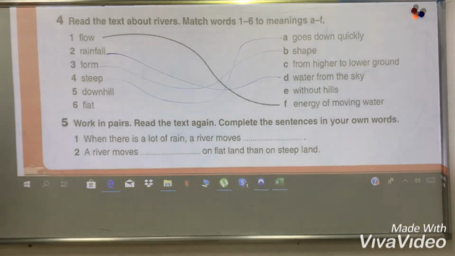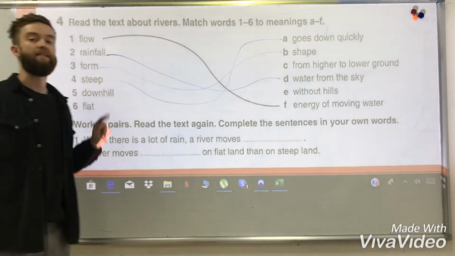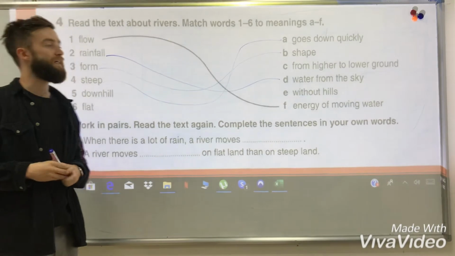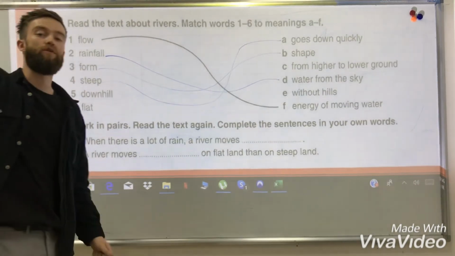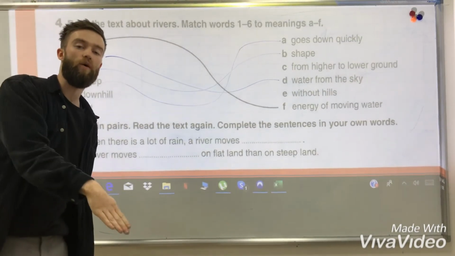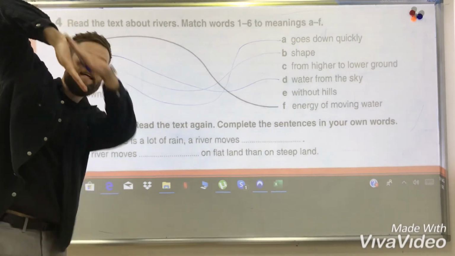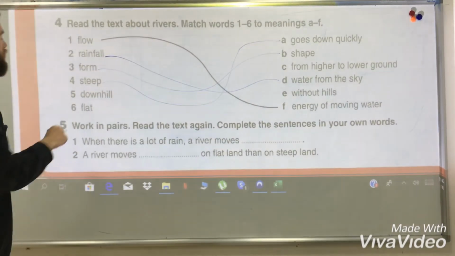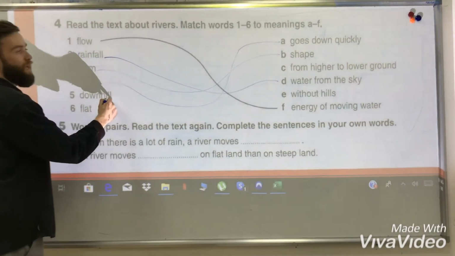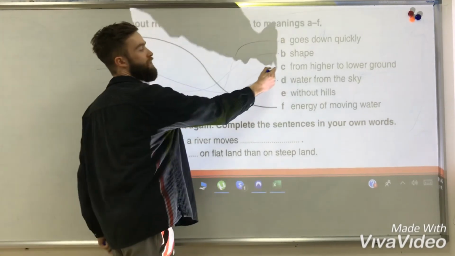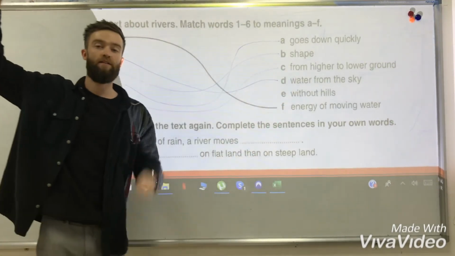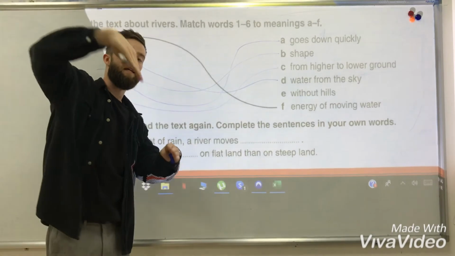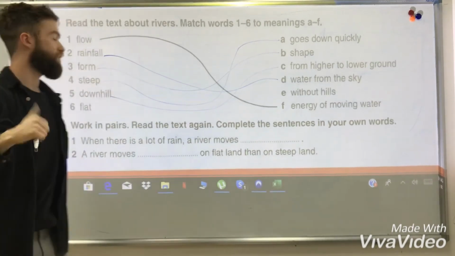Good. The next word we have is downhill. Downhill. So from higher to lower ground. Okay? So number 5, downhill, is from higher to lower ground. Good.